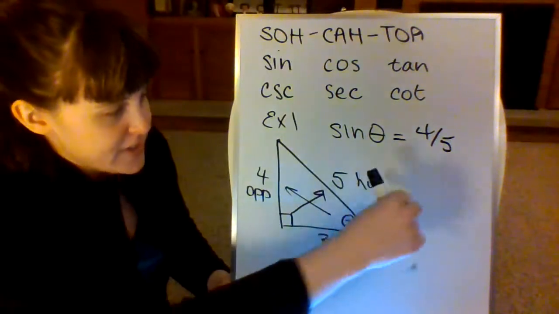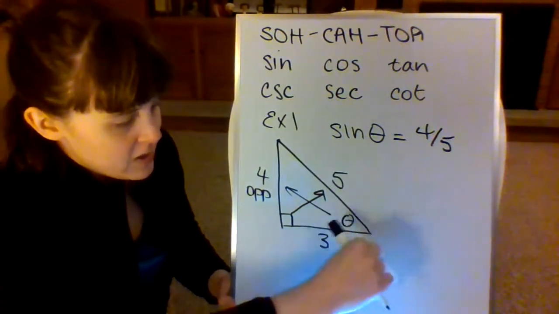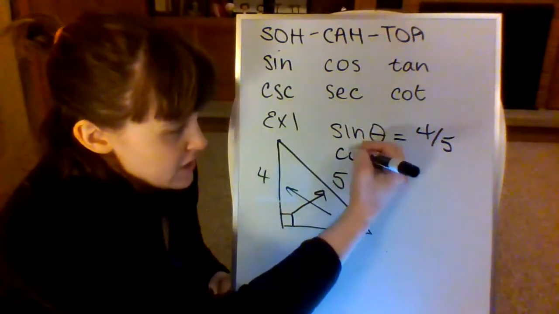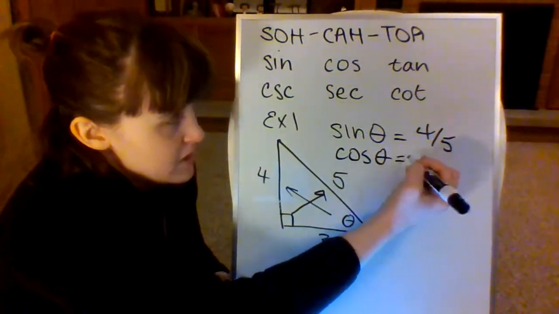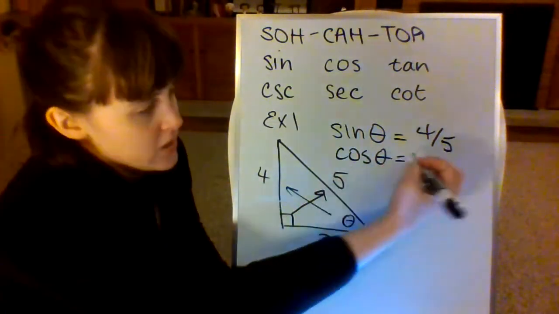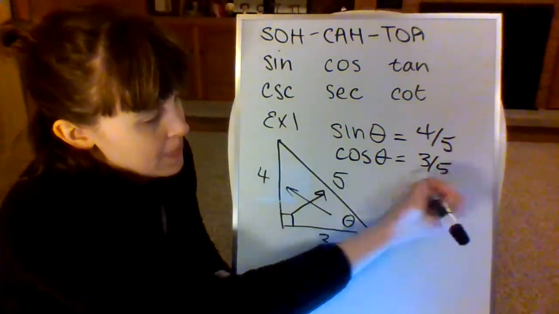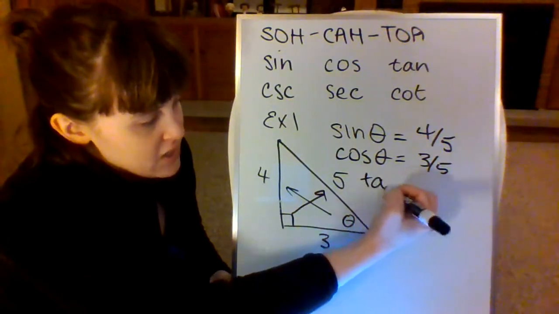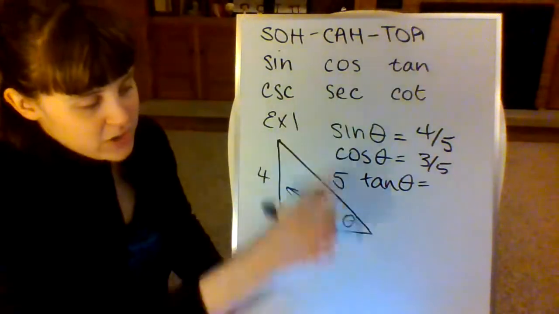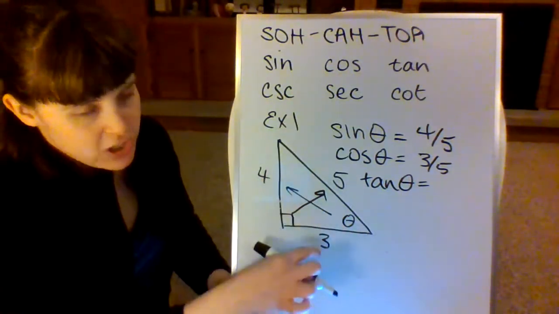Okay, so I'm going to erase this slightly so I have more space. Alright, cosine of theta is adjacent over hypotenuse, so 3 over 5. And then tangent of theta, tangent is opposite over adjacent, so opposite's 4, adjacent is 3.